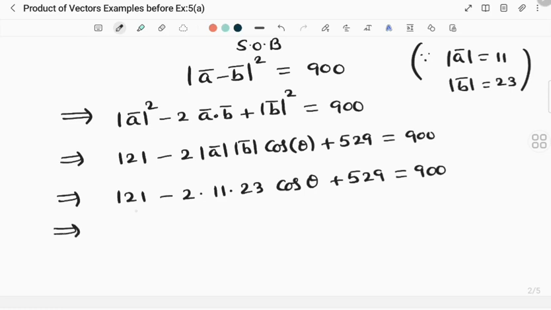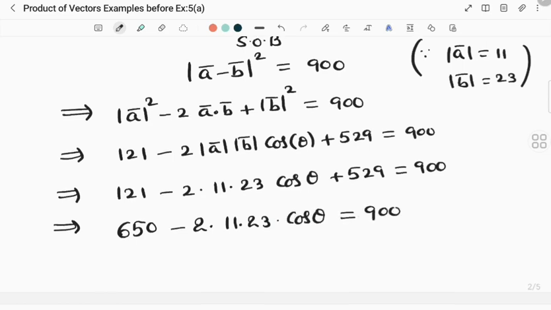So 121 plus 529 is 650, minus 2 into 11 into 23 into cos theta is equal to 900.